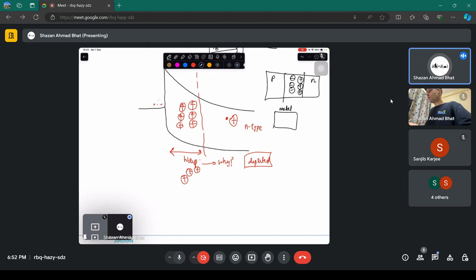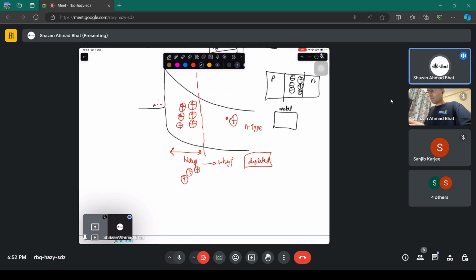Why? Because there are a huge number of electrons just near the Fermi level in the metal. They are so many that if you just apply a small potential, they are going to respond. You don't need to deplete anything in a metal. You don't need to take out electrons from the ion itself because there are already free electrons in a metal. That is the main difference between a semiconductor and a metal.